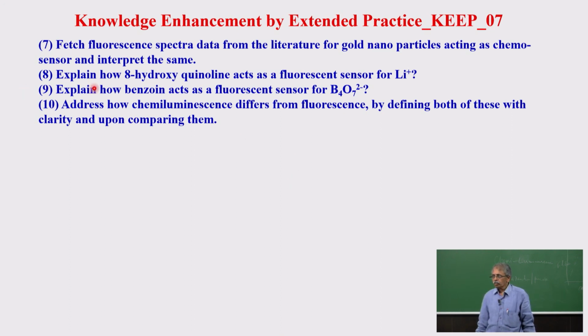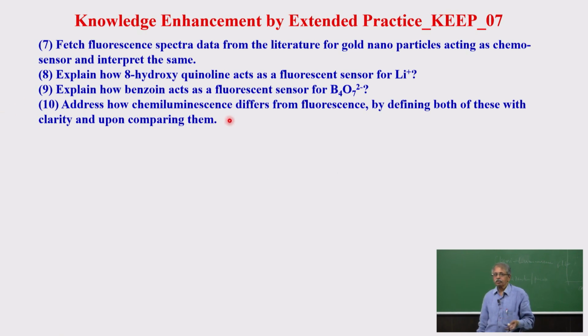Okay, another example, explain how 8-hydroxyquinoline acts as a fluorescent sensor for lithium plus because of the chelation, complexation. Explain how benzoin acts as a fluorescent sensor, I explained earlier, for the B4O7 2 minus. So the oxo ions interact with that through the charged dipole as well as hydrogen bonding, etc.